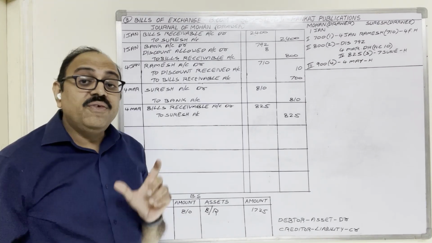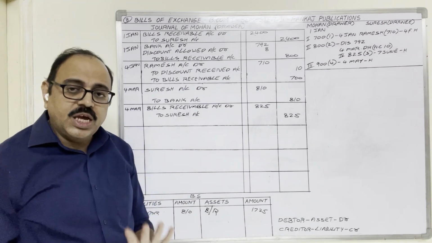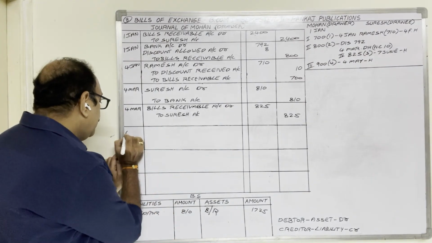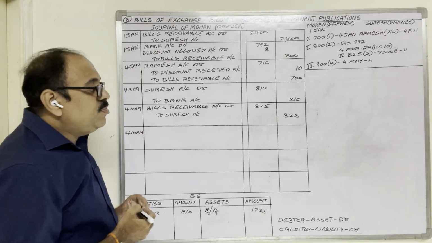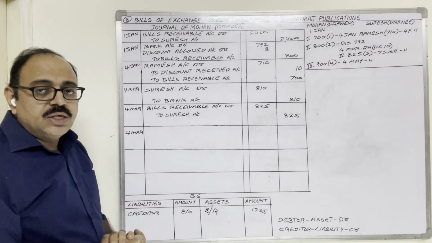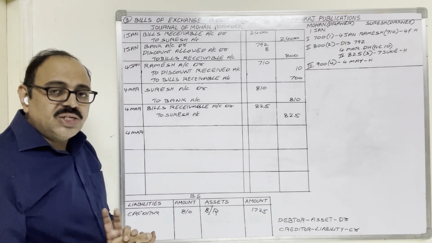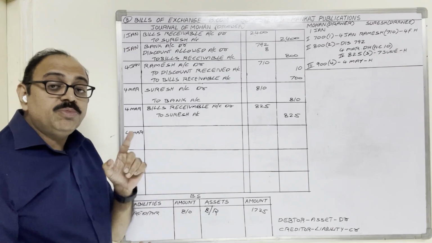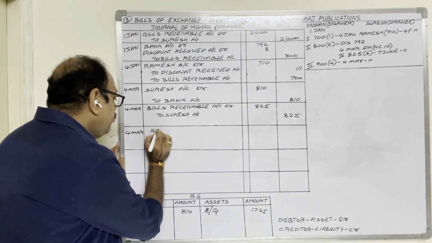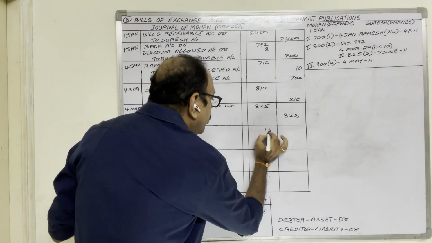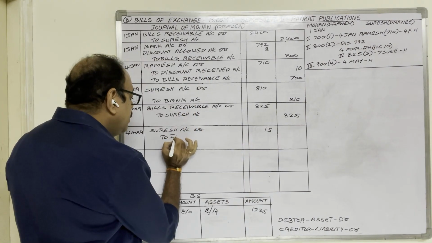Next is for interest of 15 rupees. On same date, 4th March, for that interest we have to write a separate entry. From whom we should receive that interest? From Suresh. So for this interest amount, again Suresh is becoming a debtor. Then Suresh account we should debit with 15 rupees to interest account.